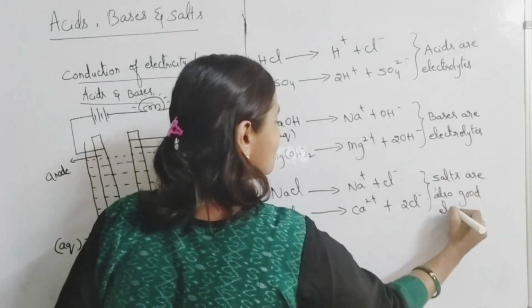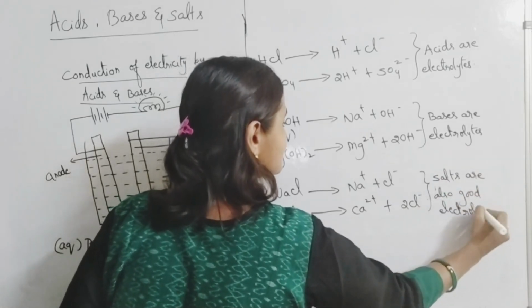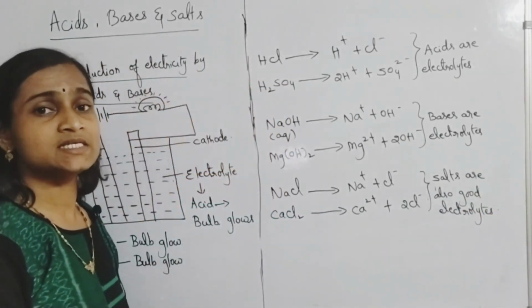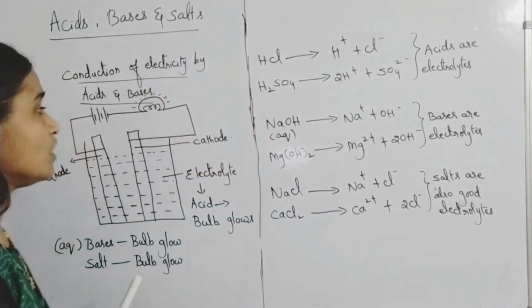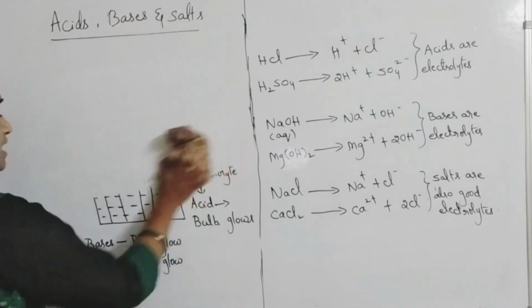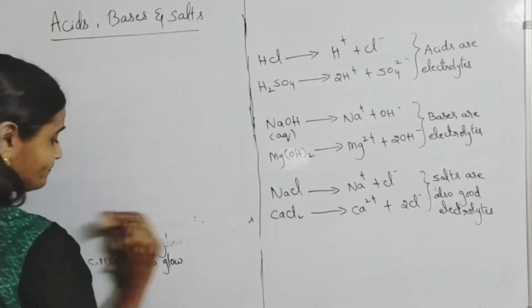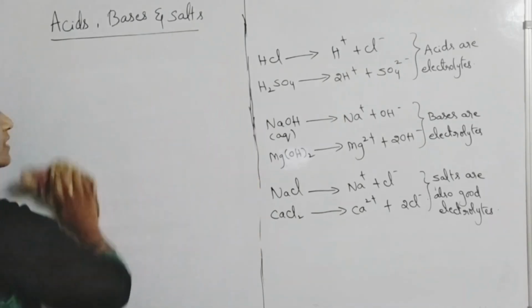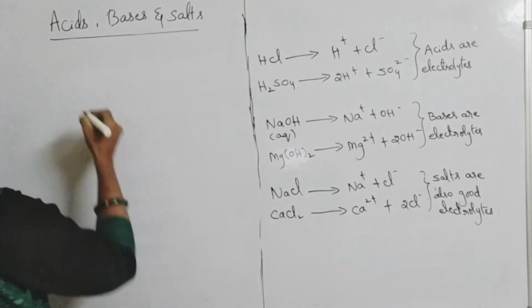Then what are non-electrolytes? Is there any substance which does not allow electricity to pass through it? There are certain substances like glucose solution, fructose or sugar solution. They do not split into their ions.